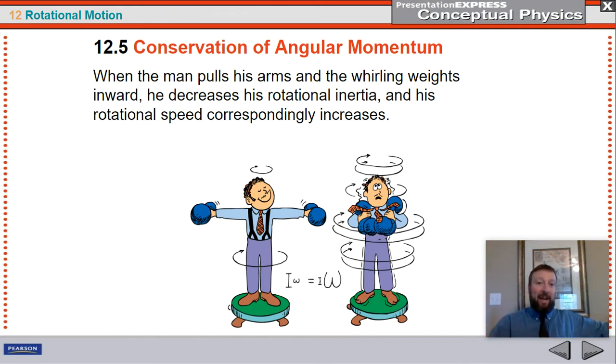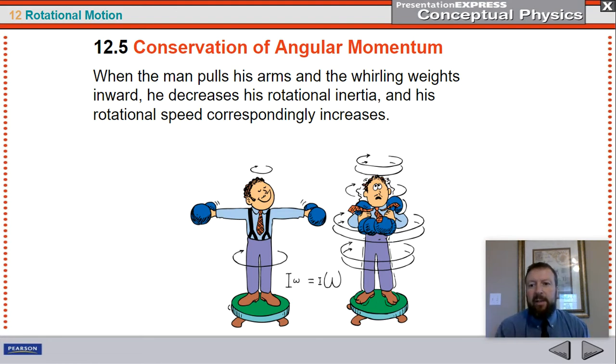As I start spinning, I have a certain angular momentum, which is my rotational inertia times my angular speed. Well, what happens now as I bring my arms in? I've reduced the amount of rotational inertia, which, as long as my angular momentum is the same, has to increase my speed. And that's why you see them moving around faster.